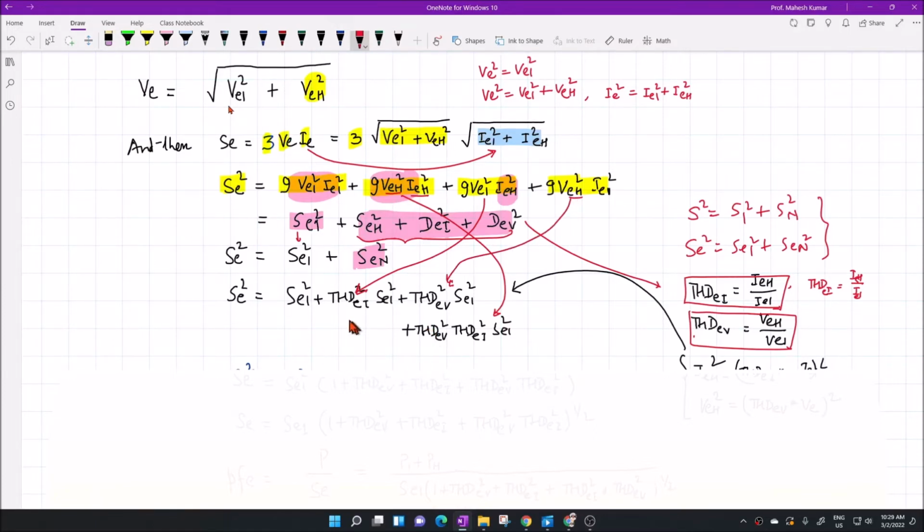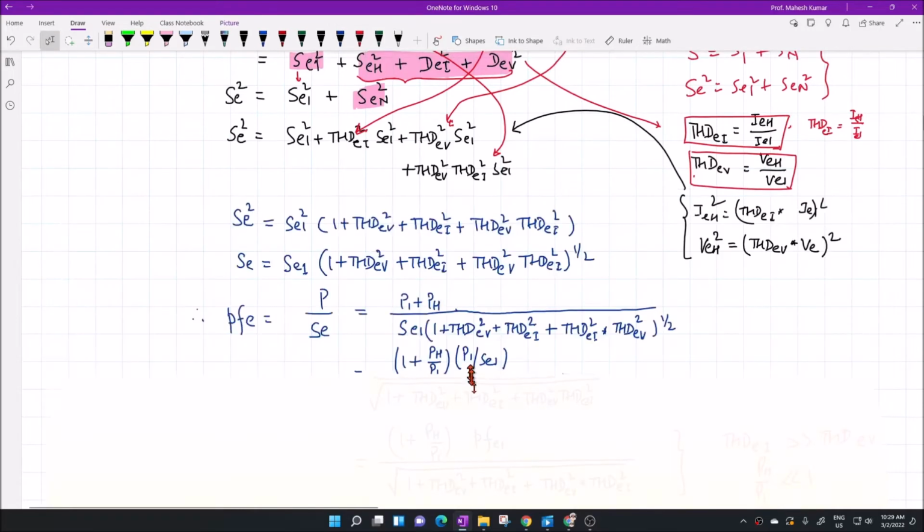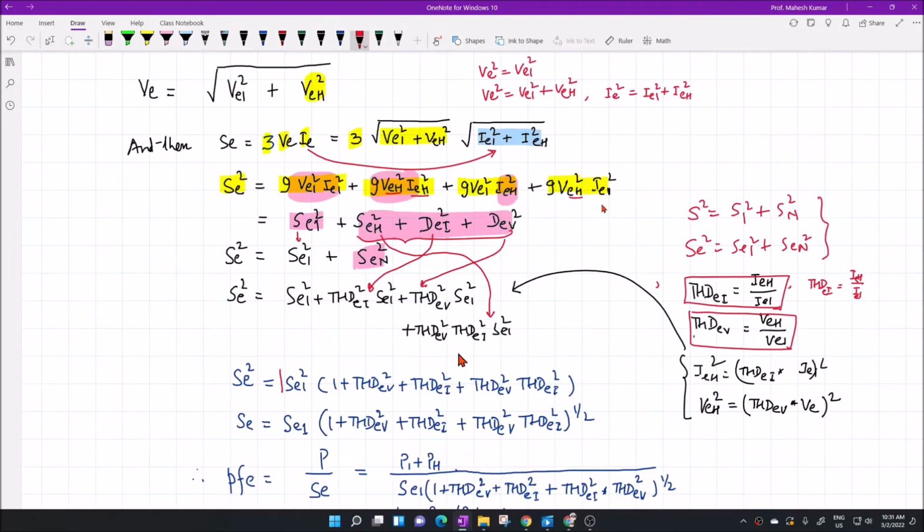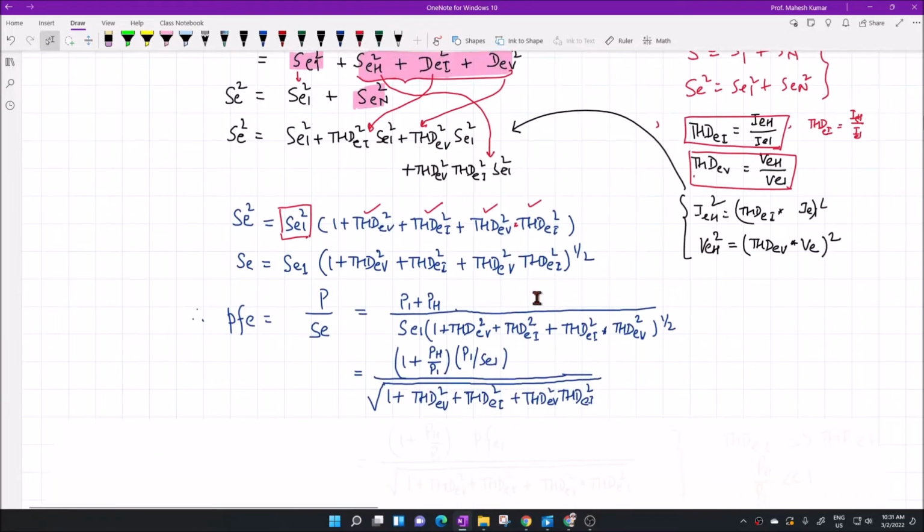Now we can take common SE1 square from all the terms. We will get 1 plus THD EB square, THD EI square, and the product of these. And from this we can correlate SE and SE1: SE equals SE1, the whole thing under square root.